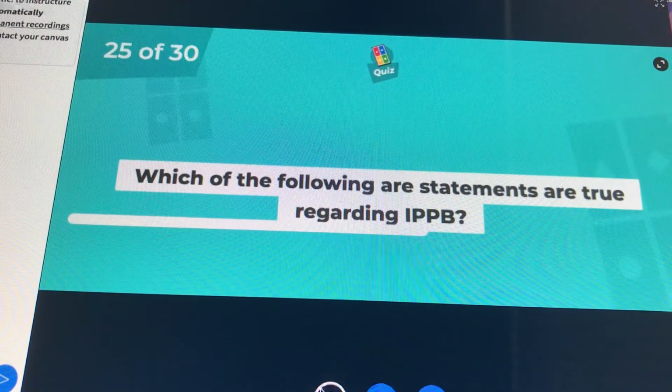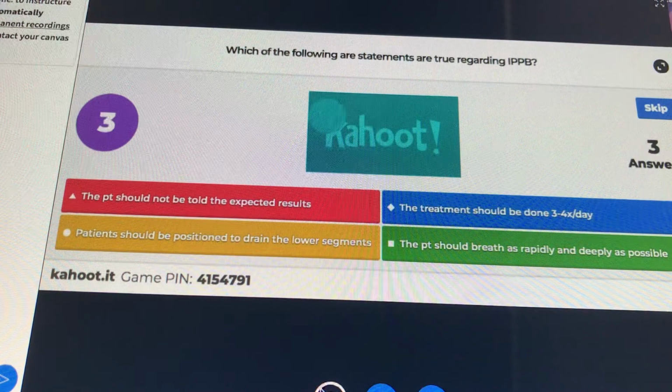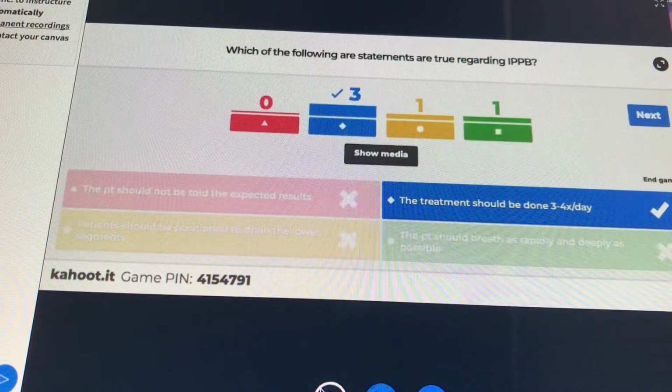Which of the following statements are true regarding IPPB? Okay.